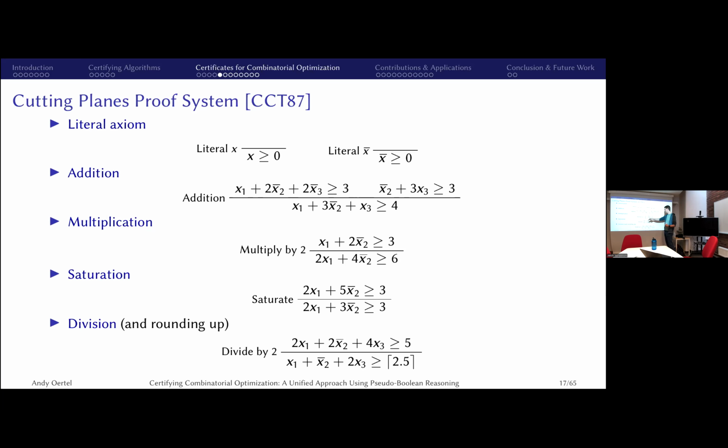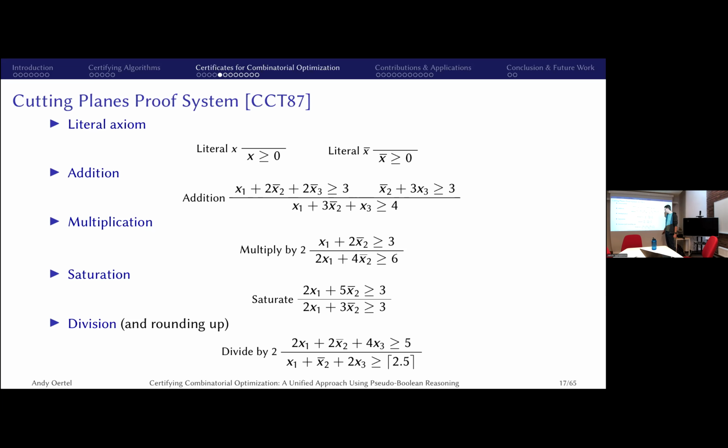So we can just clip the coefficient to the right-hand side. The coefficient after saturation is the minimum of the coefficient and the right-hand side. And then finally, we have division. We can divide the constraint by an integer, and this divides all of the coefficients and the right-hand side.